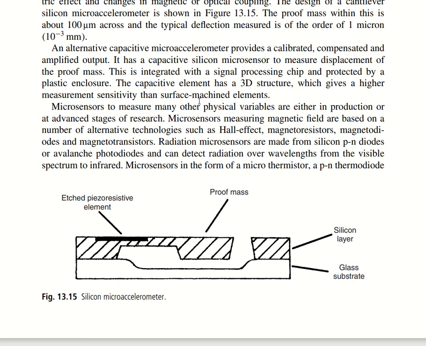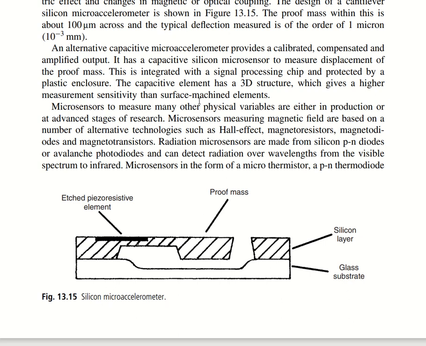It has a capacitive silicon microsensor to measure displacement of the proof mass, integrated with a signal processing chip and protected by a plastic enclosure, as you can see here. The capacitive element has a 3D structure, which gives higher measurement sensitivity than surface machined elements.